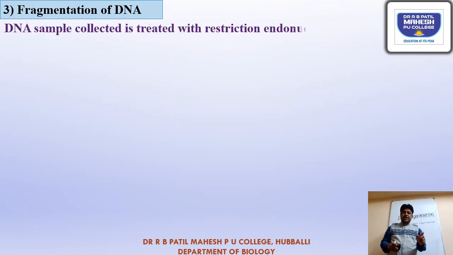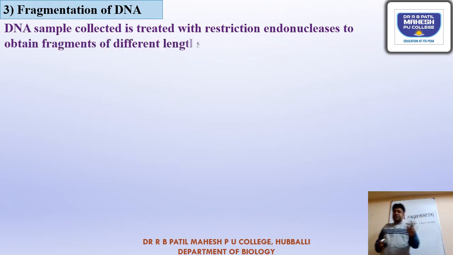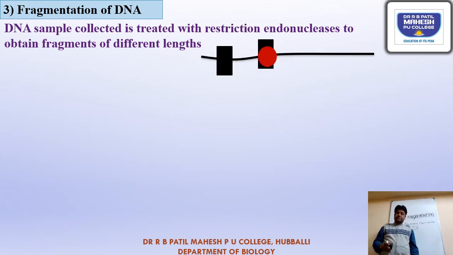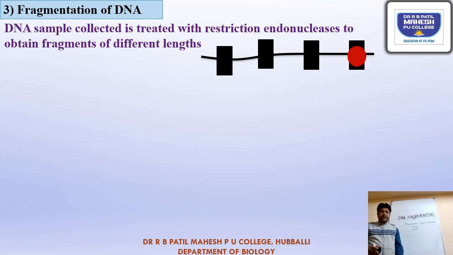The DNA sample is treated with restriction endonucleases to obtain different fragments, different lengths of DNA fragments. Such different lengths of DNA fragments are commonly called RFLP, restriction fragment length polymorphism. So this is the third step.